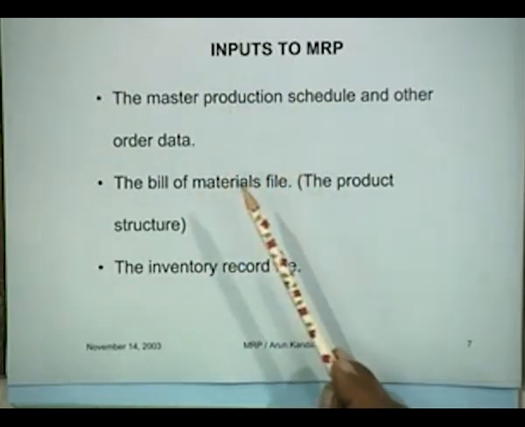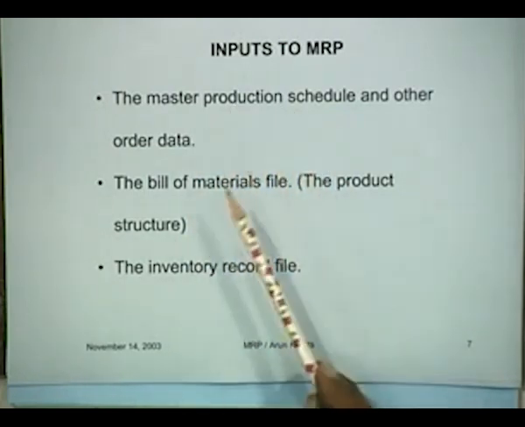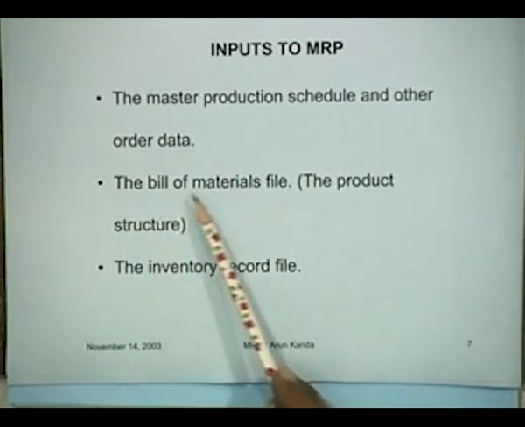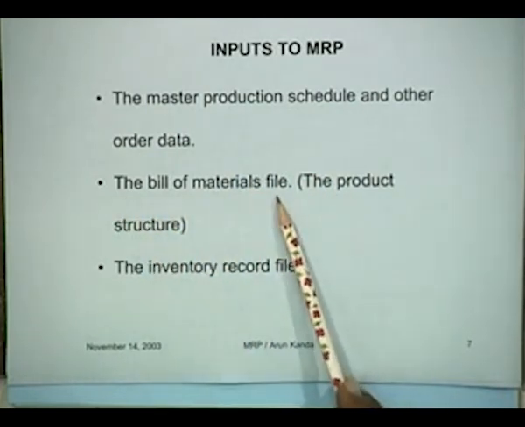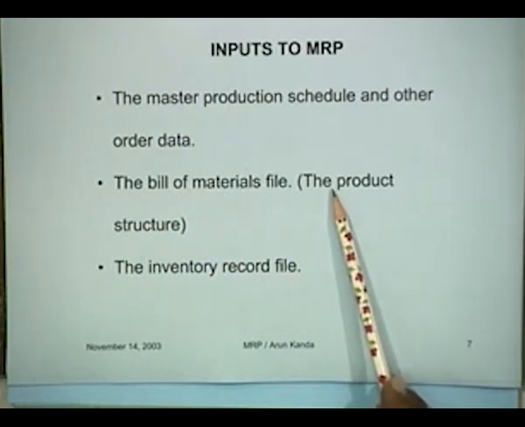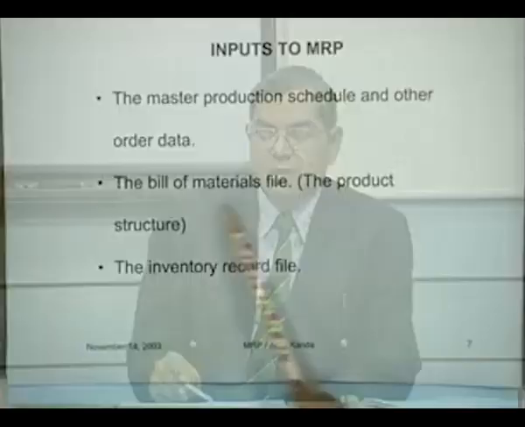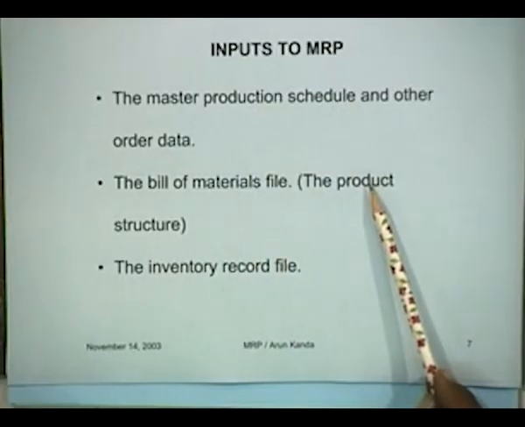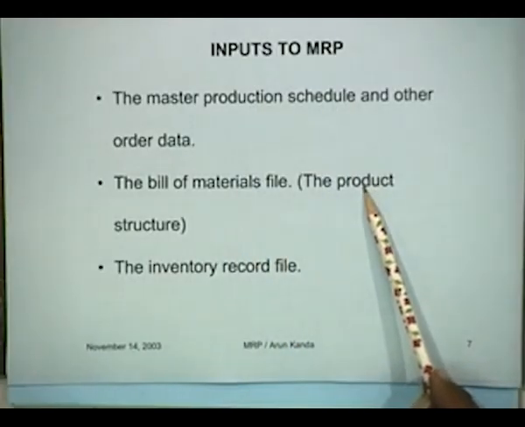Based on this information and also based on what we call the bill of materials file, which specifies the product structure: how many components, how many sub-assemblies are required to make the final product and how are they related to each other. This is the information which is available in the BOM file, the bill of materials file.